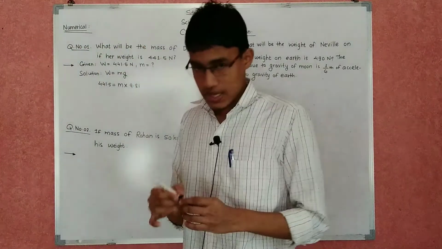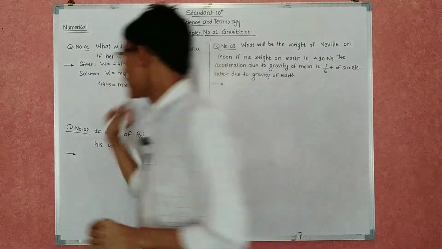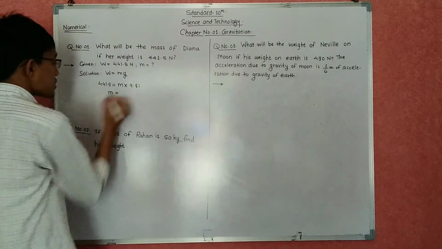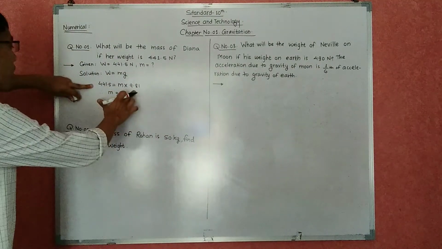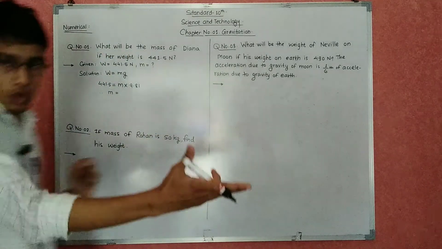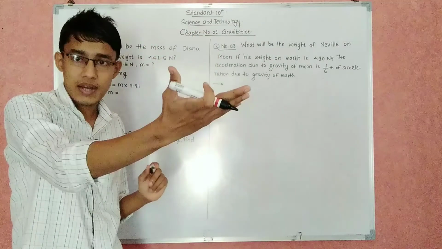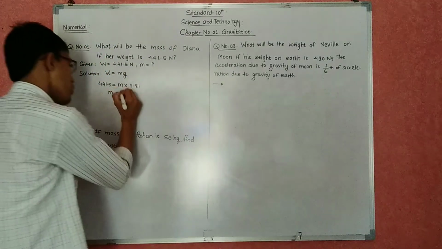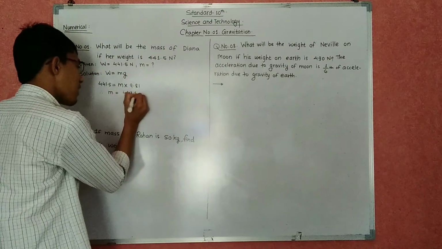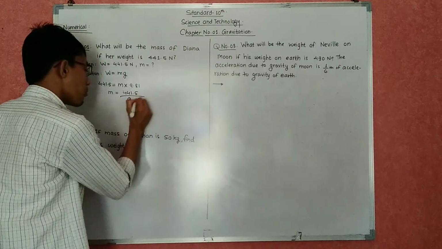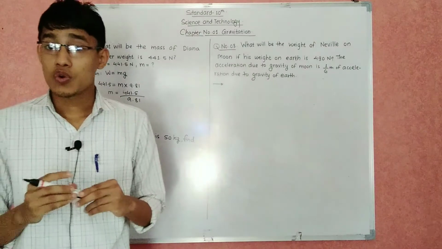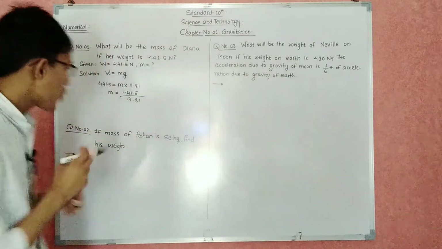To find the mass, therefore mass is equal to 441.5 upon 9.81. The 9.81 is multiplying on the left side, so on the right-hand side it will divide. Now we will divide it.